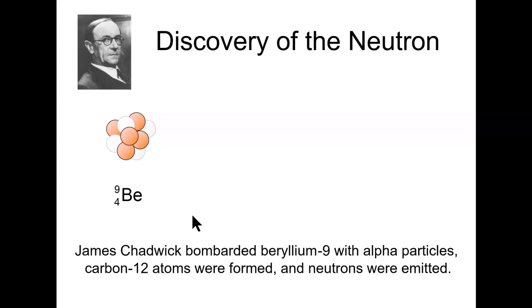And so what he did was he bombarded beryllium-9. So here's beryllium. 9 means it has at least 4 protons, 1, 2, 3, 4, and 5 neutrons, or at least the proposed neutrons, 1, 2, 3, 4, 5. This is all after the fact.